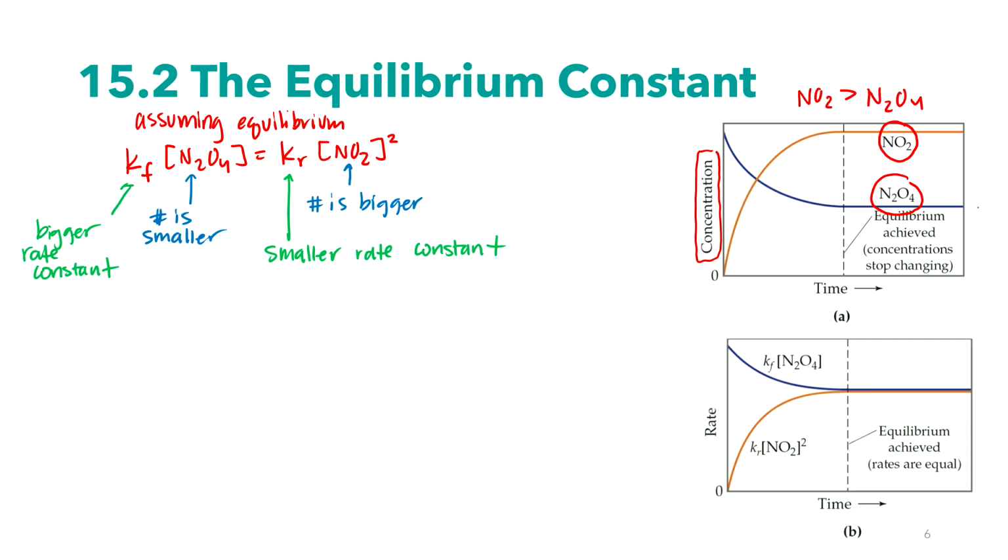So if those two are going to be equivalent, and I read off of this graph that I have more NO2 than N2O4, that tells me something about the relative size of Kf and Kr. So Kf is bigger than Kr.